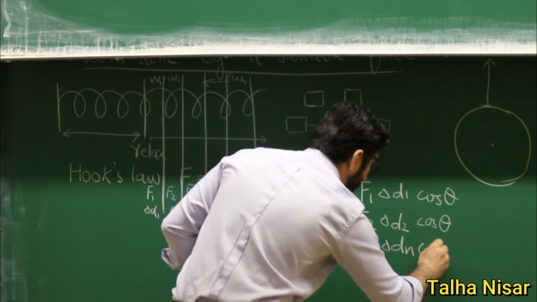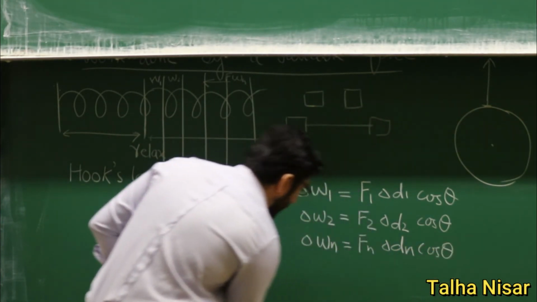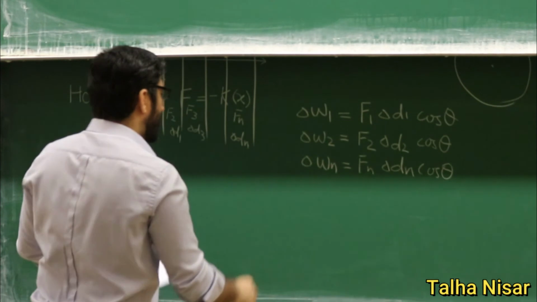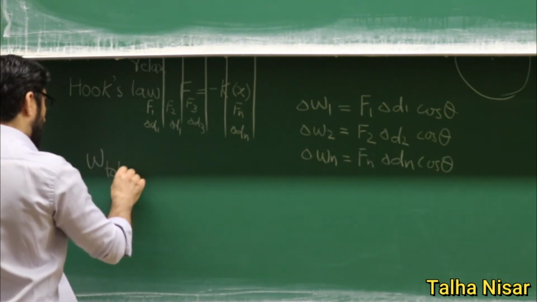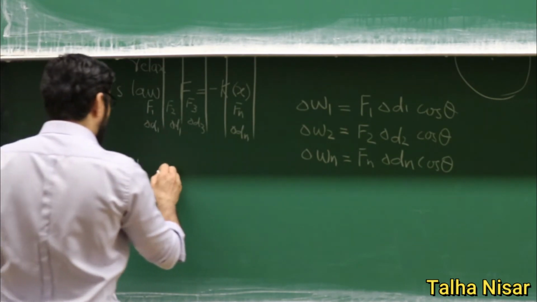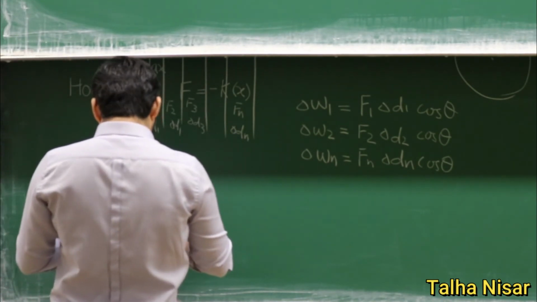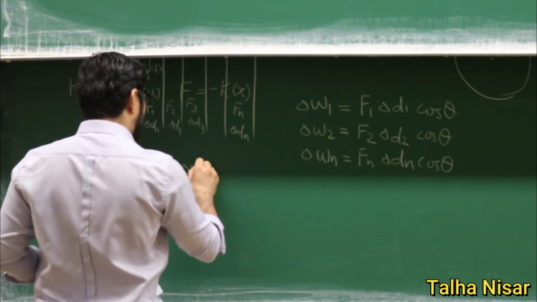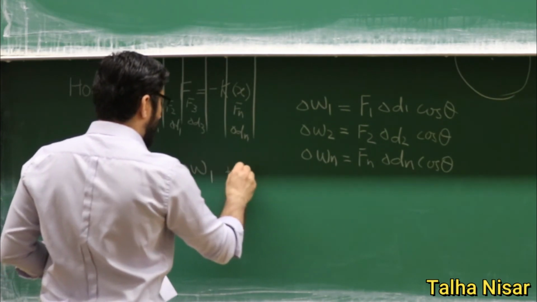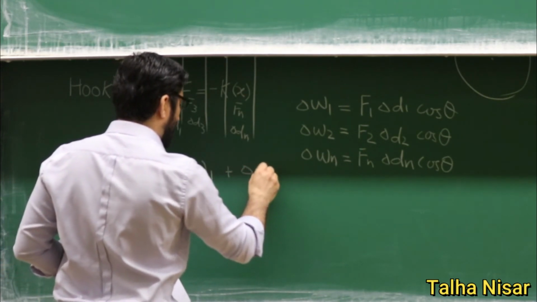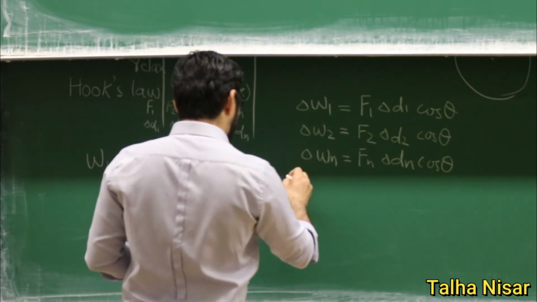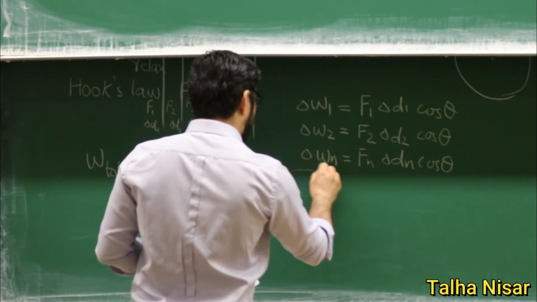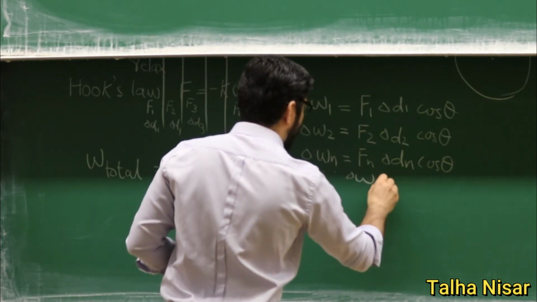And now the total work done is equal to W1 plus W2, similarly Wn.